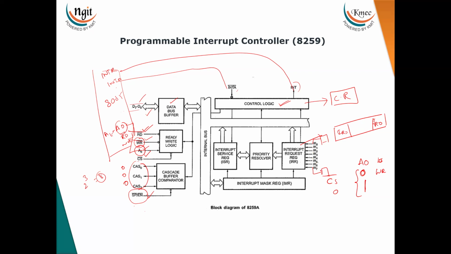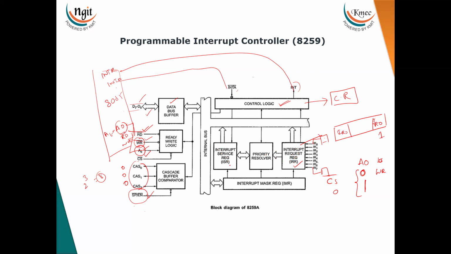Whichever device is requesting the interrupt signal, that bit will be set to 1. For example, if the device connected to IR0 generates the interrupt signal, then that particular bit in this register will be set to 1. Like that, this IRR will indicate the interrupt request signals.